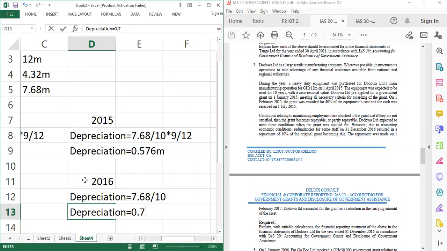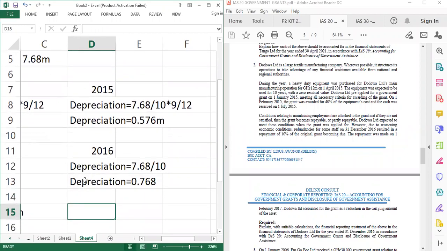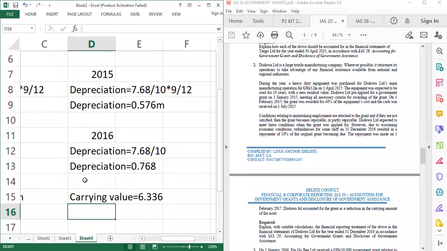What should have been the carrying value at the end of this period? 6.336. Okay, assuming that 10% of the grant was not taken, this should have been the carrying value.